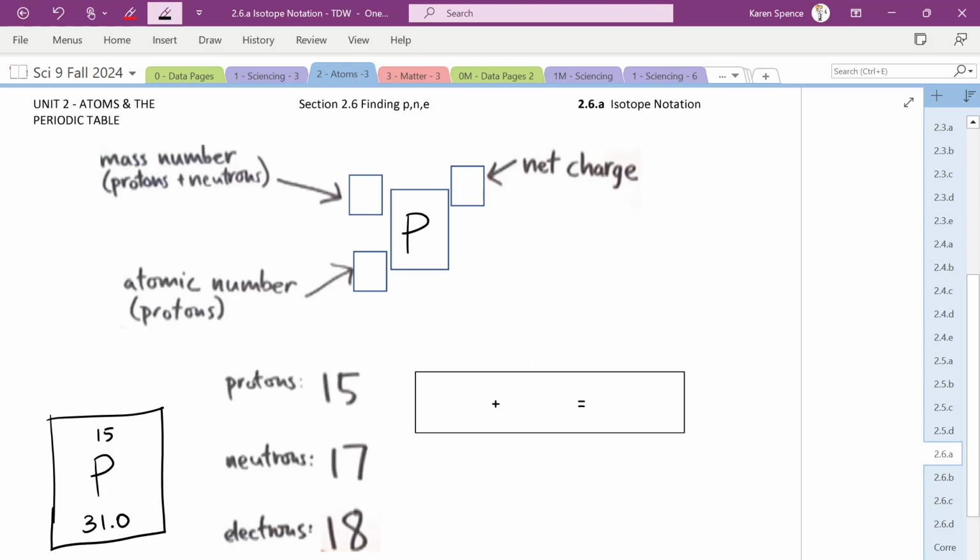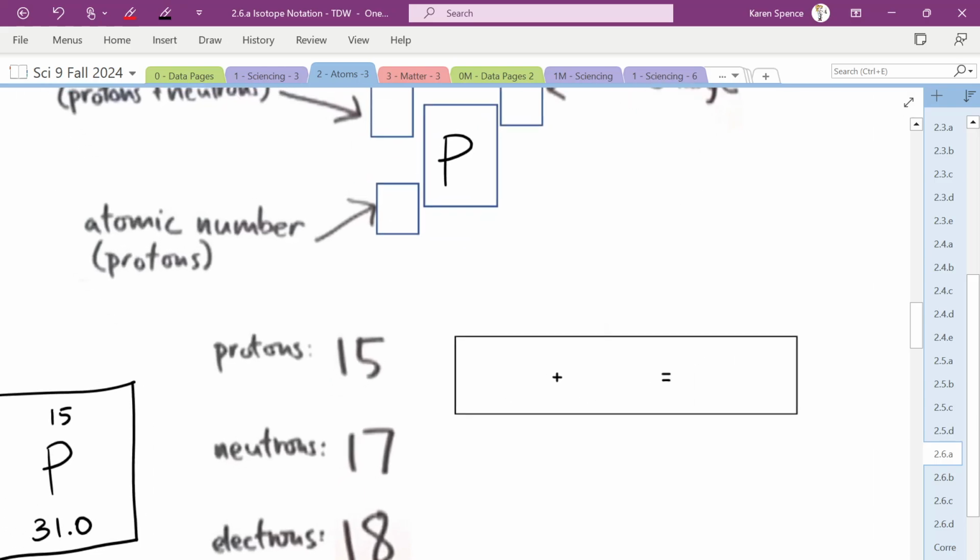What else can we fill in? Can we fill in the atomic number? Yes. What is the atomic number? 15, because protons is the atomic number.